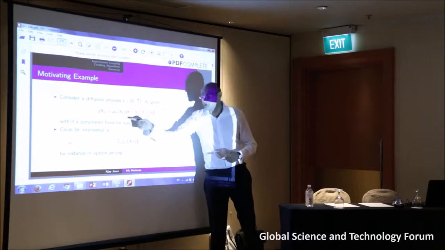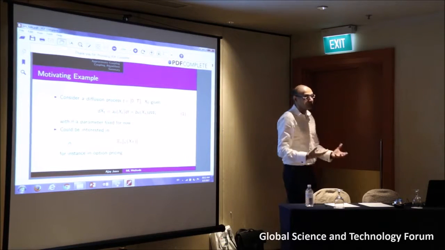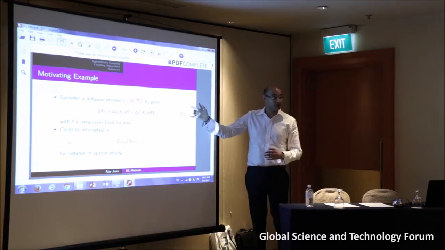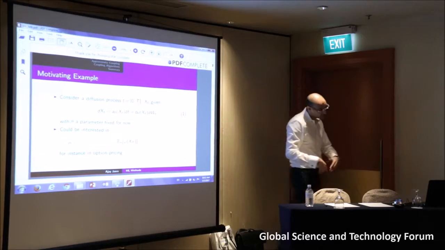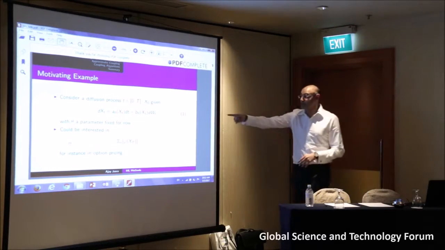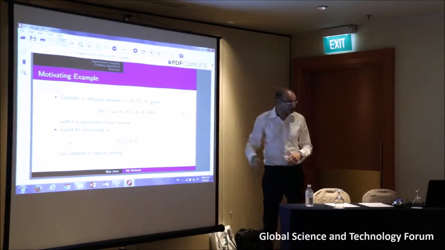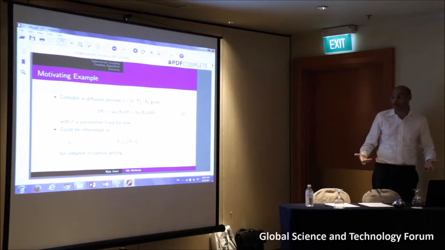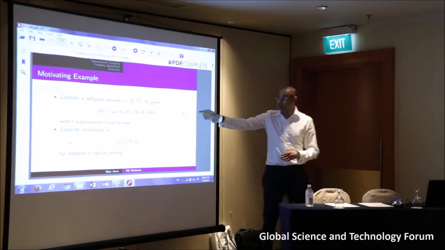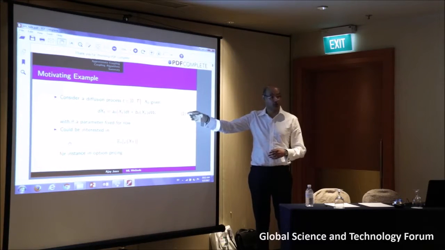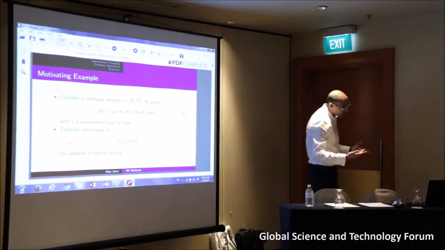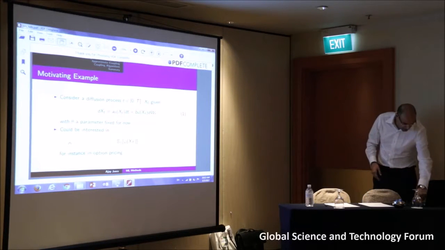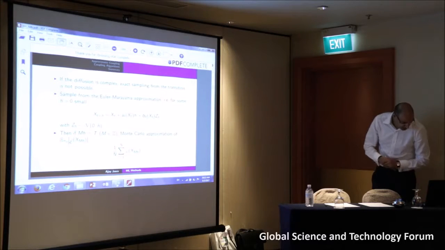Note that in some scenarios, one does know how to generate this process. There's a very famous paper from 2005, Beskos and Roberts, which says that you can actually simulate exactly from this diffusion process. And there are some processes where the conditional distribution of X capital T given the initial position, which we suppose is known, is analytically available.